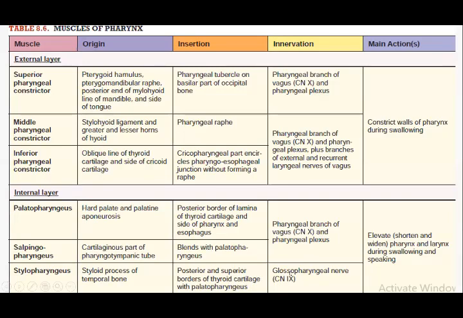This is supplied by the glossopharyngeal, the only muscle of the pharynx that is supplied by the glossopharyngeal nerve. All the other muscles receive their nerve supply from the 10th cranial nerve, either directly or through branches. ठीक है जी? Okay.